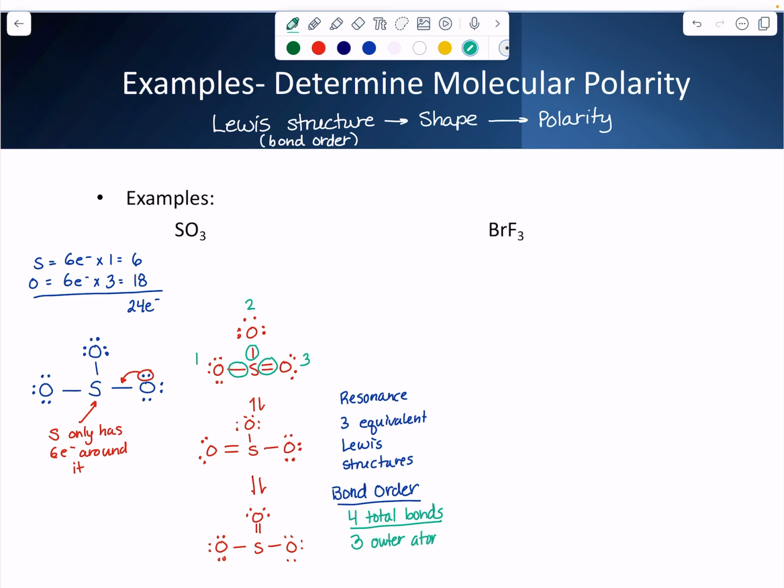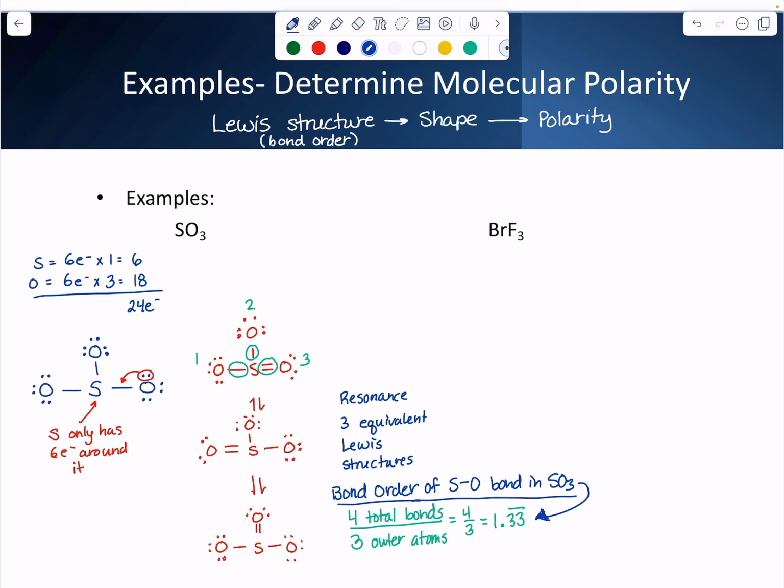So our bond order is 4/3, which is equal to 1.33. So the bond order of the SO bond in SO3 is actually going to be 1.33.